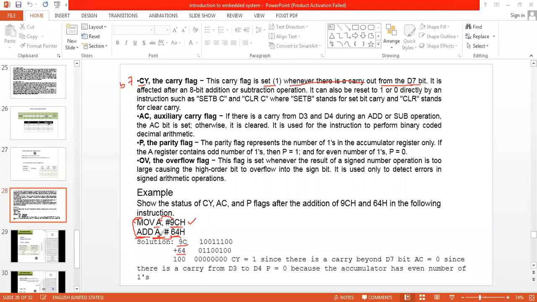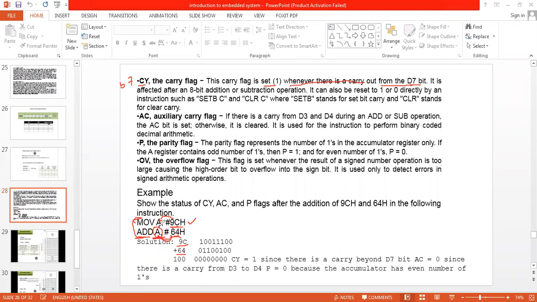The instruction explanation we will do in the next module, but here for an example I am telling you that the 64H is adding up with 9CH, and the result is going to be stored into the A register.